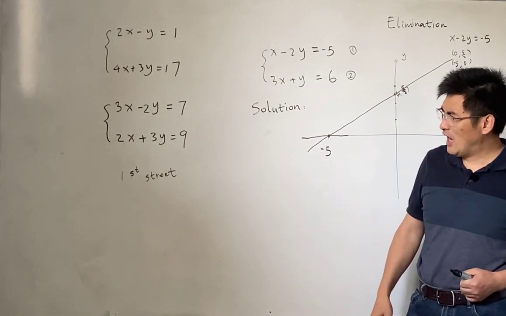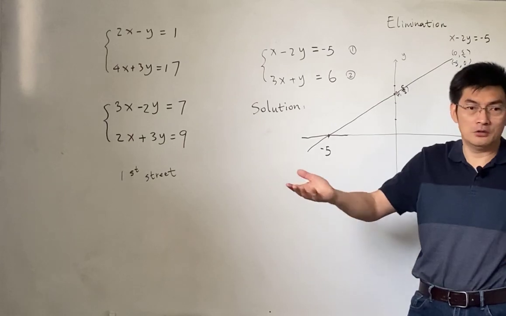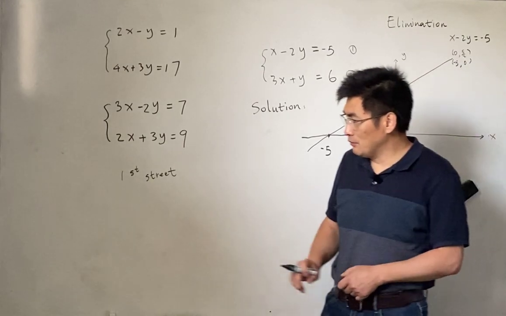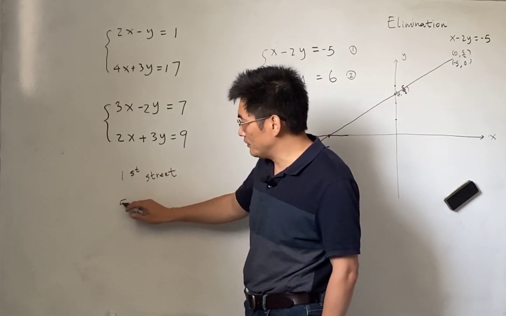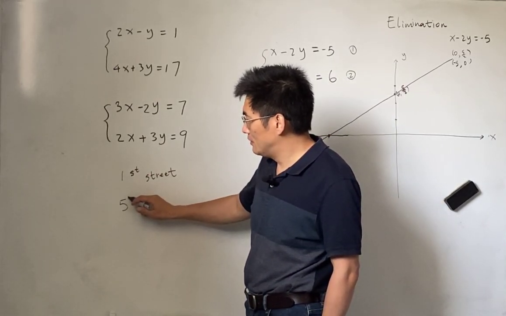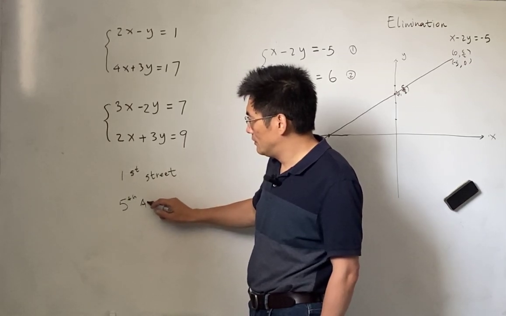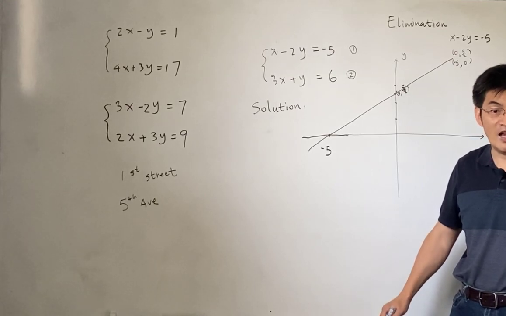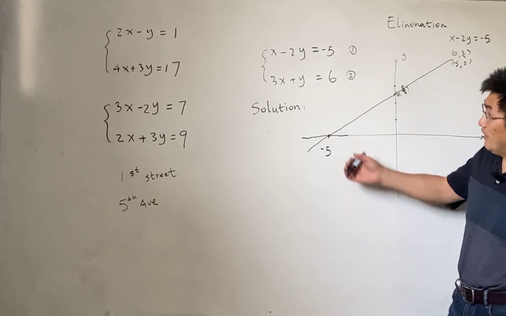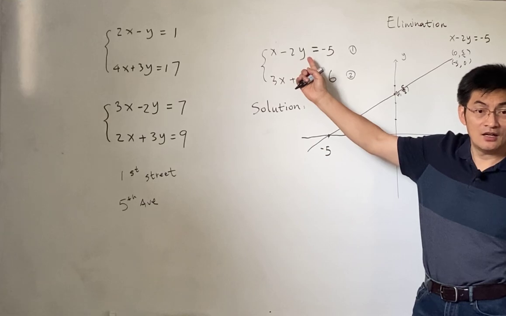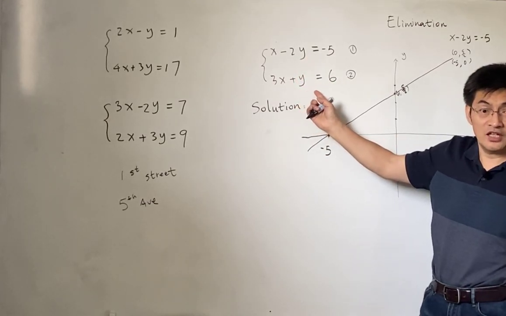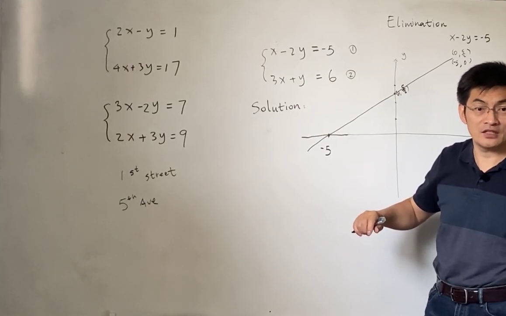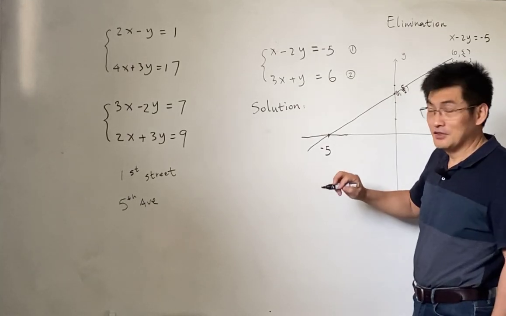You say, well, how can we meet on First Street where I don't know where you're going to be? That's a long street, right? So you may say, oh, how about one street in Fifth Avenue, right? Well, that makes sense because then I can meet you right at that spot, right? So if one of these is one street, the other is another street, you need two streets to locate a specific point, right? So that's where you meet.